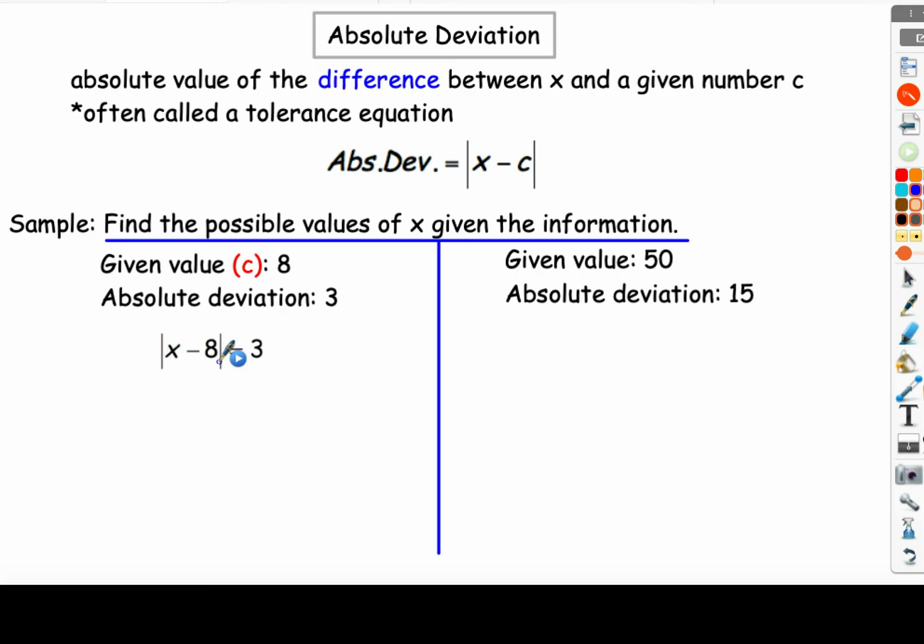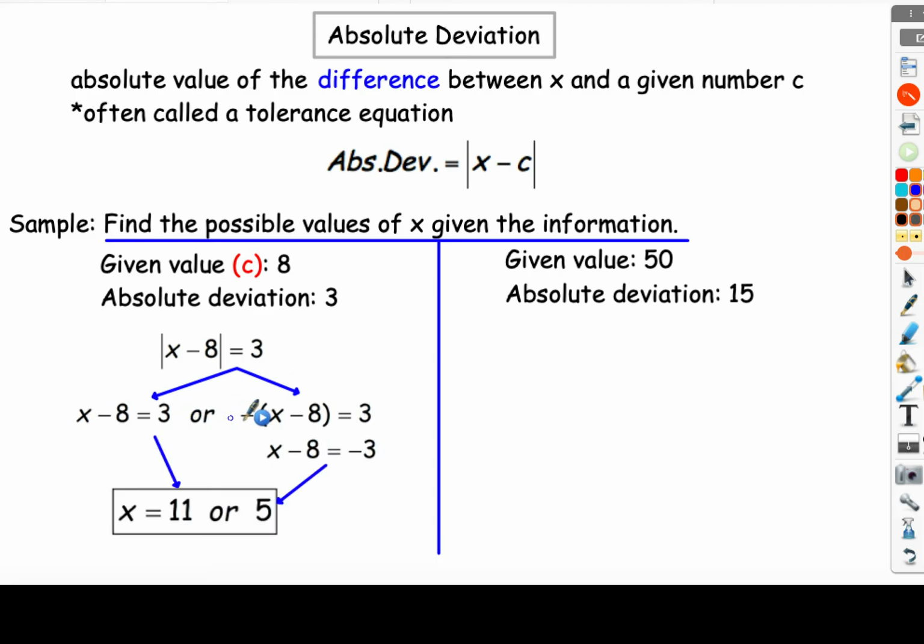Its distance being 3 units. What two numbers would be 3 units from 8? Well, very simply, we're going to split it into plus and minus, divide that negative over, and add 8 to all parts. And doesn't it make sense that 11 is 3 units above 8, 5 is 3 units below 8? But again, a great way to use this absolute deviation, absolute value idea.